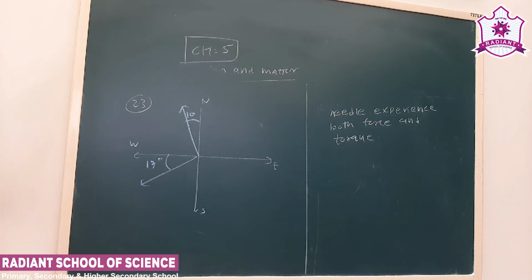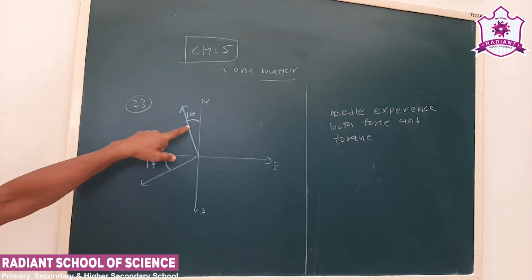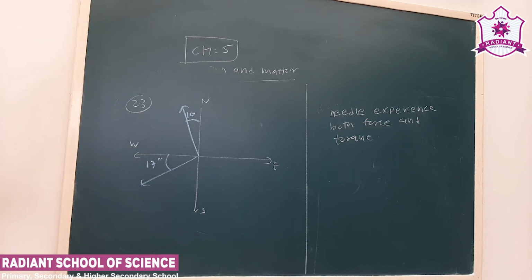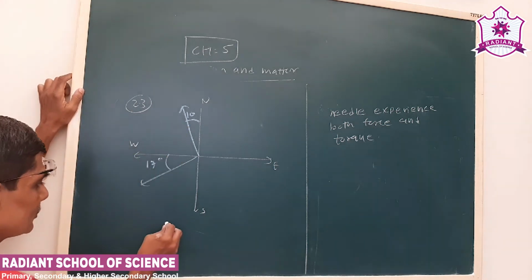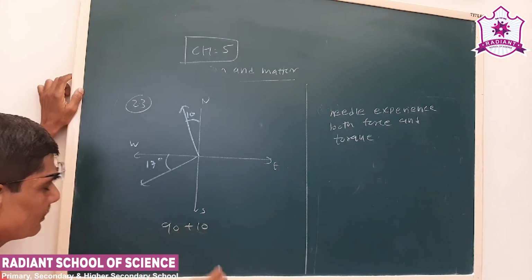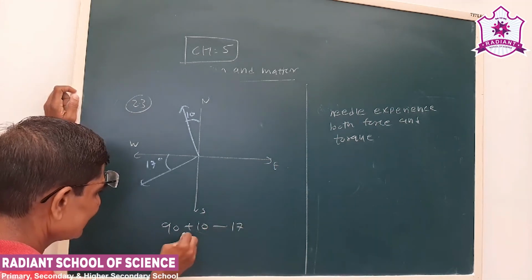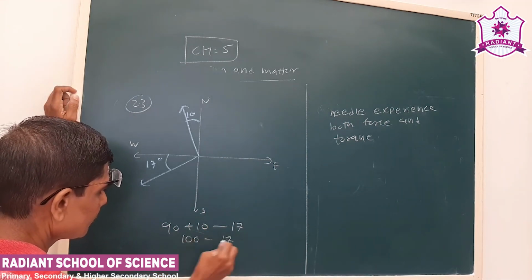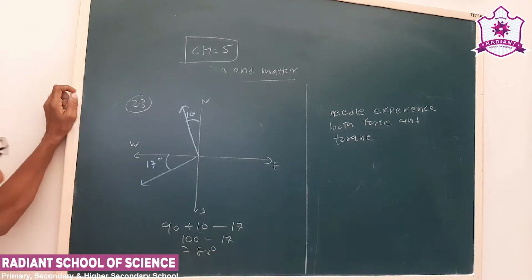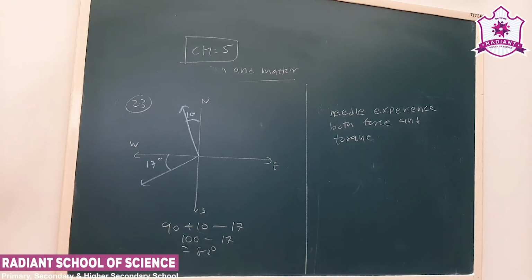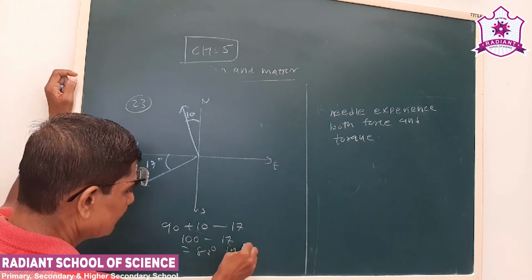See, what we can see here is that because of the declination, the magnetic north has moved ahead by 10 degrees, so it will be 10 plus... and 70 degree west of south, so this we have to subtract. Okay, that is 83 degree in the west south direction, towards the magnetic meridian.